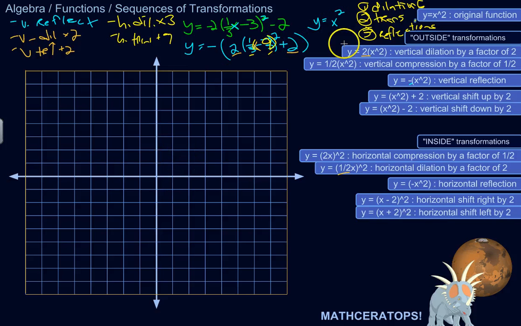So let's go ahead and graph y equals x squared. That's pretty simple, right? It's going to be something like that. 1, 2, 3, 4, 5, 6, 7, 8, 9. 2, 4, and then, okay, so I'm going to draw my curve here.